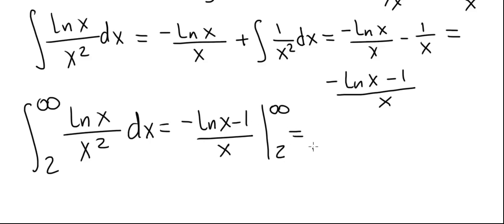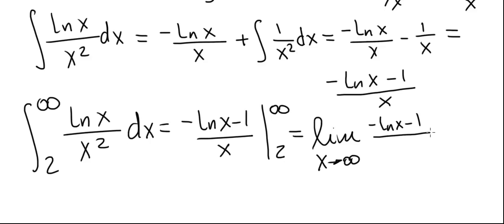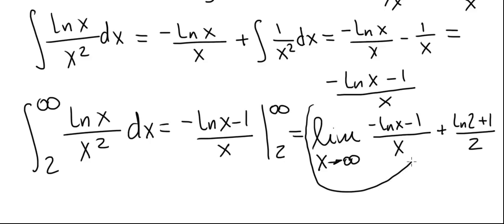So this is equal to the limit as x approaches infinity of minus natural log of x minus 1 divided by x, and then plugging in 2 and subtracting because we have a minus, this will be plus ln of 2 plus 1 divided by 2. So all we have to do is evaluate this limit.